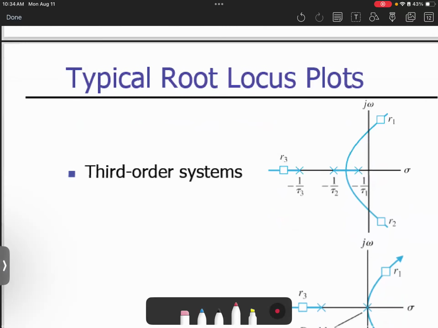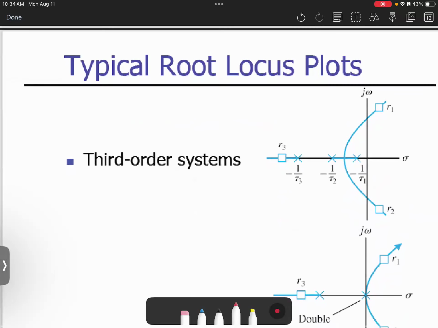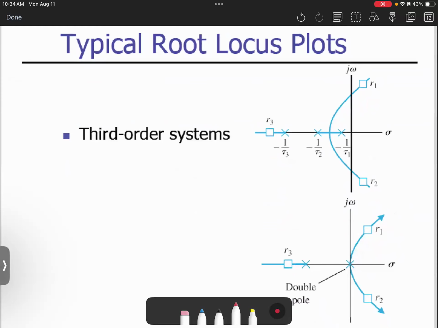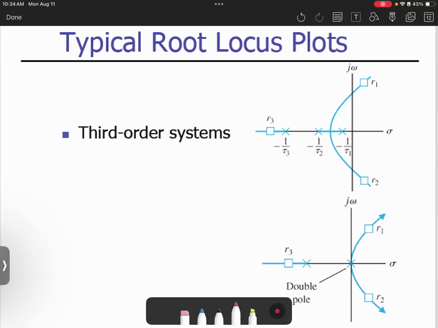So, third order system. Assume we have a third order system where all of the poles are real numbers. What will the system tendency be? The overall idea is that here is a pole, the second pole, the third pole, and the poles will be moving according to a certain rule.